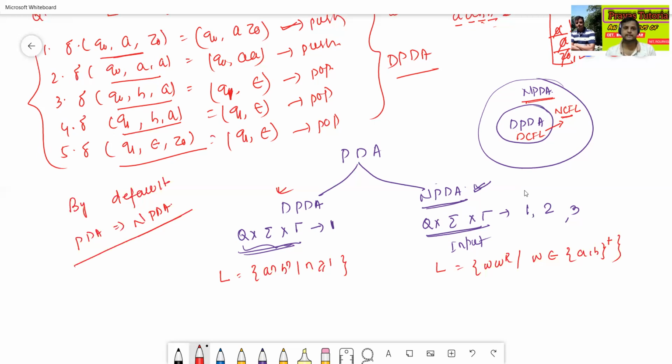The expressive power of non-deterministic push-down automata is always more than that of deterministic push-down automata.